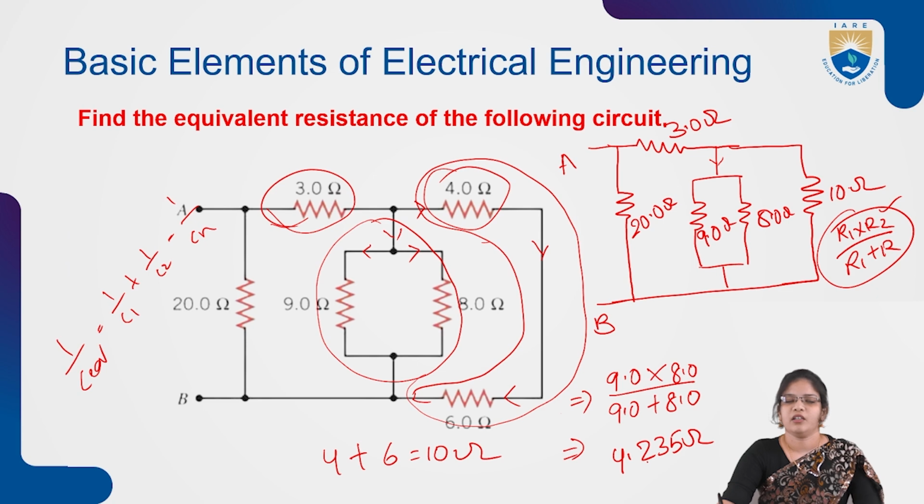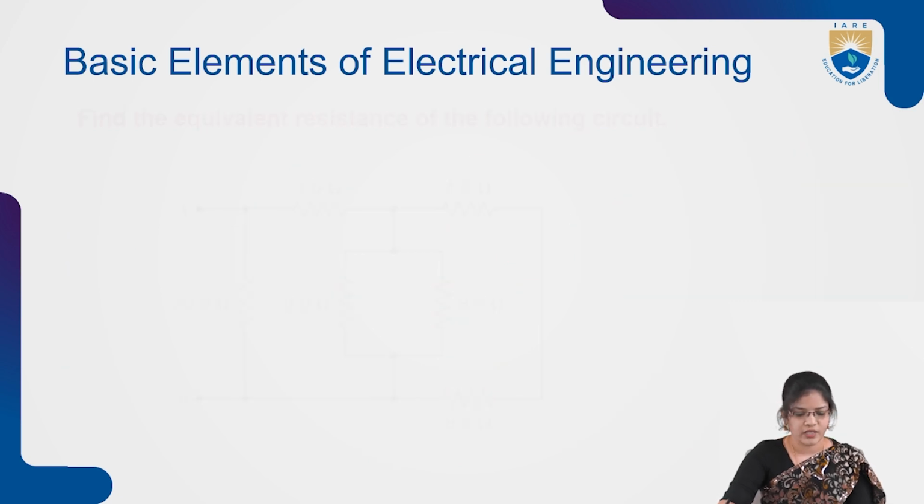The parallel and series division is decided with respect to the division of the current. If the current is dividing in the circuit, then the circuit is said to be in parallel. And if the current is the same across each element, then the circuit is said to be in series. So moving to the next example.